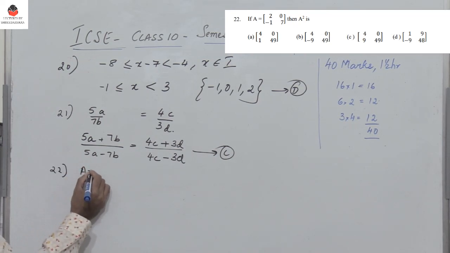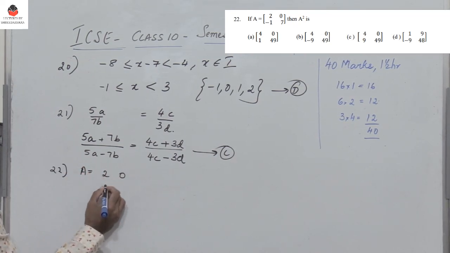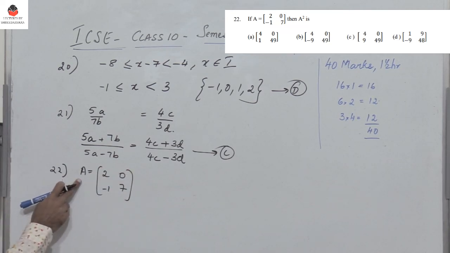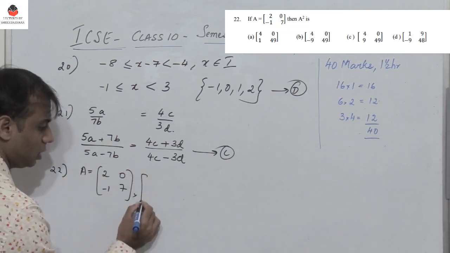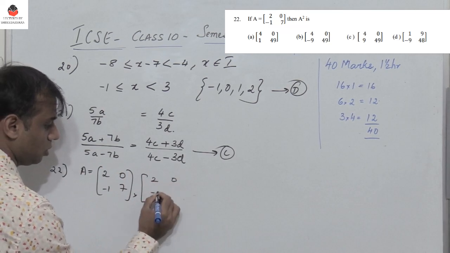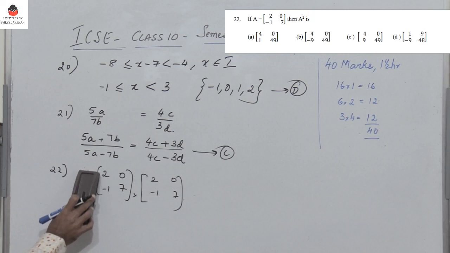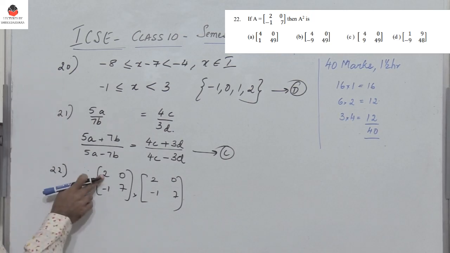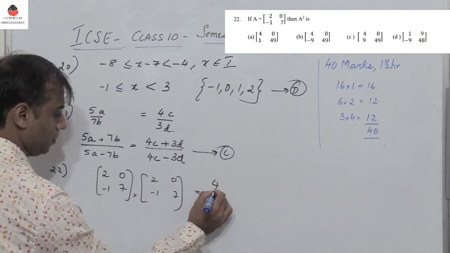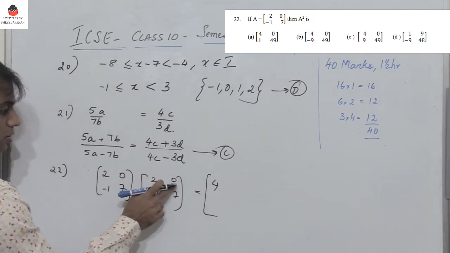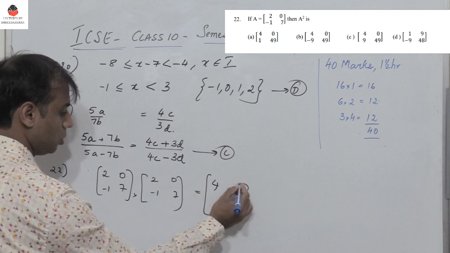22. If A equals the matrix 2, 0, minus 1, 7, what is A square? A square is A multiplied with A again. So I multiply these two matrices. Observe: 2 into 2 is 4, 0 into minus 1 is 0. Next, 2 into 0 plus 0 into 7 is 0.